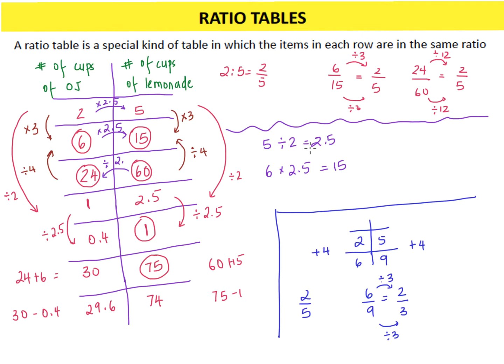And remember, in a ratio table, the items in each row have to be in the same ratio. And the ratio literally changed from 2 to 5, or 2/5, to 2 to 3. And that is not okay. So what you're not allowed to do in a ratio table is add the same number on both sides.